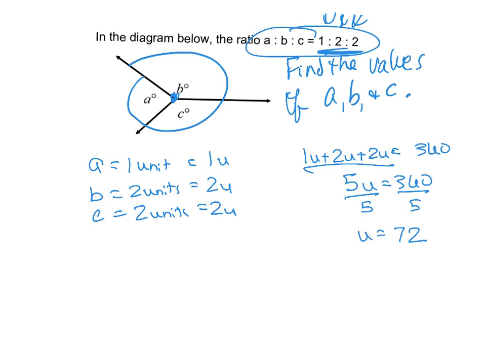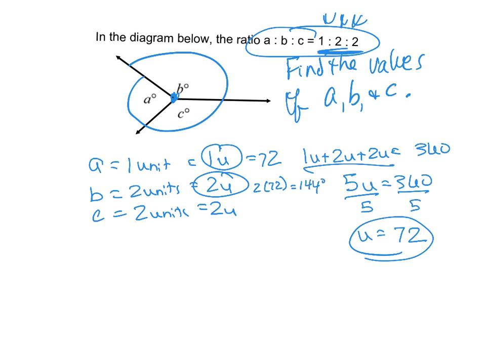Okay, now I'm ready to go over here. I know that A is 1U, U is 72, so A is 72. B is 2U, so that means it's 2 times 72, which is 144. This one also is 2U, so then I know it's 144.